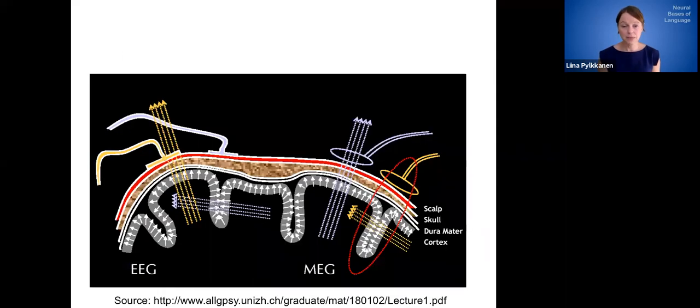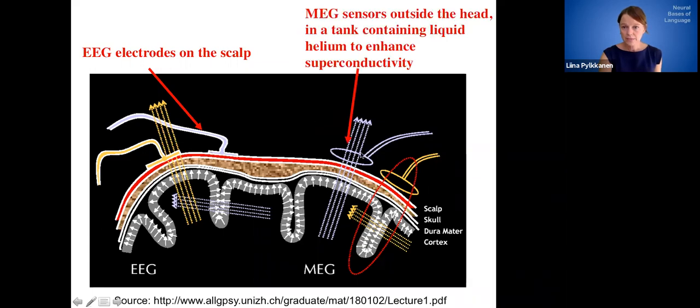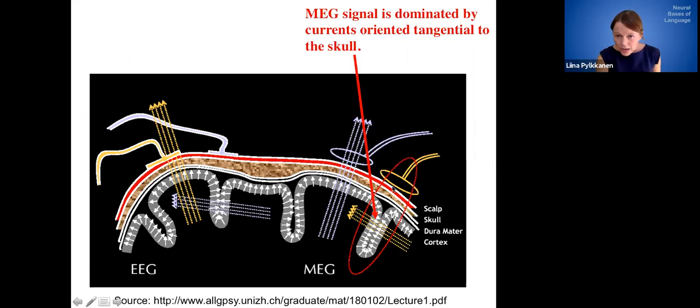So let's just take a peek at some cortex. Here, all these little arrows are representing neuronal current. And here we have our EEG electrodes on the scalp and MEG sensors outside the head, sitting in their liquid helium. Now, as you can see, in the sulcal cortex you get this really nice magnetic field that's easily captured by the MEG sensors, so it comes out of the head.